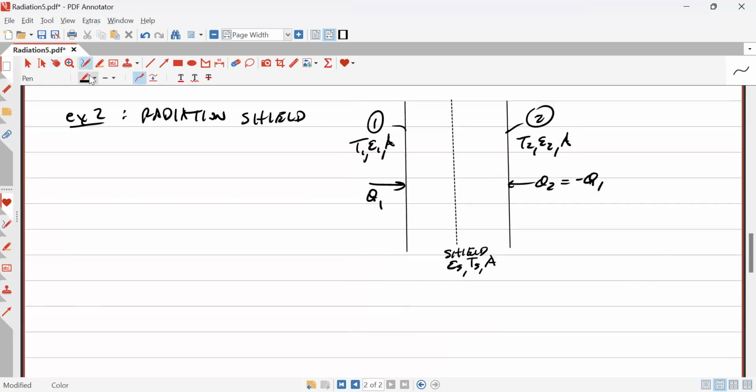So what the radiation shield does here is we're going to say that epsilon 1 and epsilon 2 and epsilon s all have the same emissivity. We'll call it epsilon. But what we're trying to find is the influence of the shield. So we ask, what is the ratio of Q shield over Q if you take the shield away?